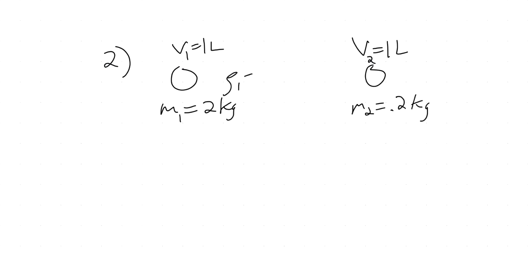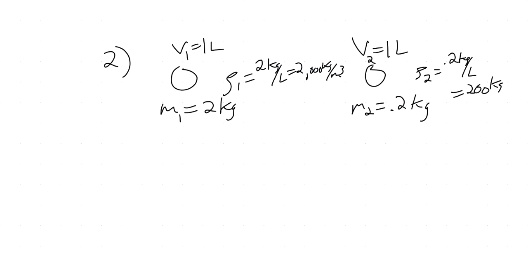Density 1 is 2 kilograms per liter, which is 2,000 kilograms per cubic meter, not relevant. Density 2 is going to be 0.2 kilograms per liter, which is 200 kilograms per cubic meter. Not relevant, but I'm solving for it. We don't need it for the equations.